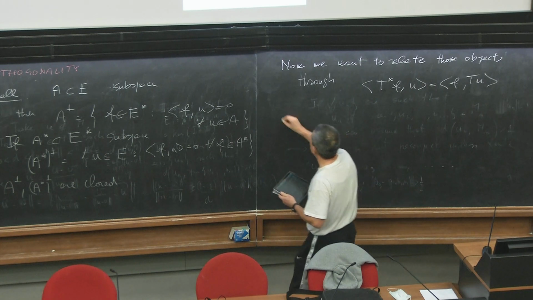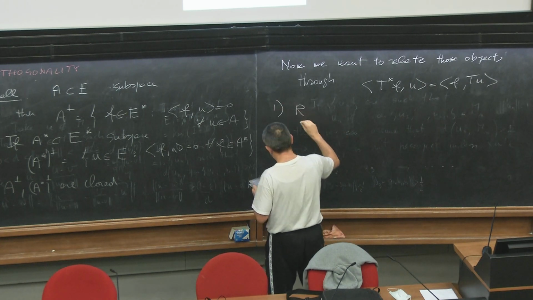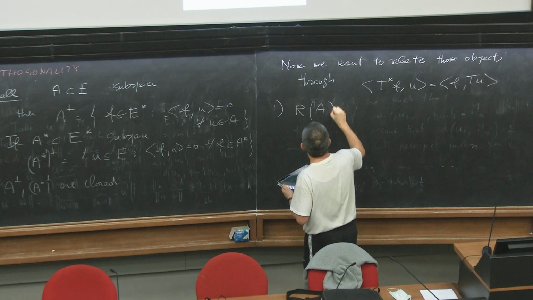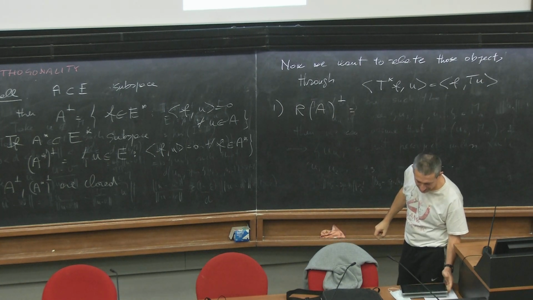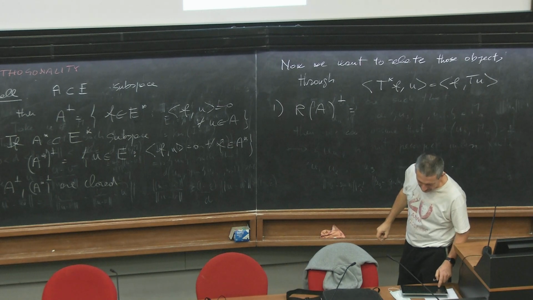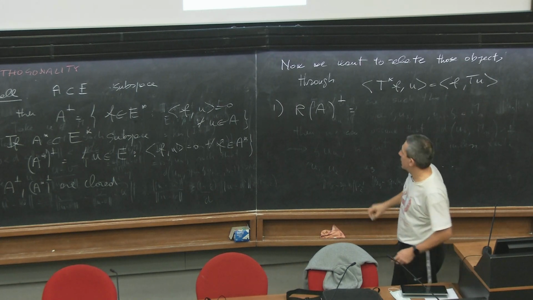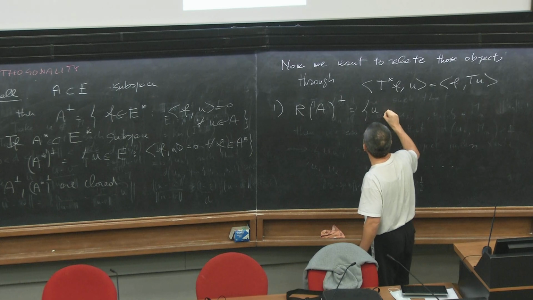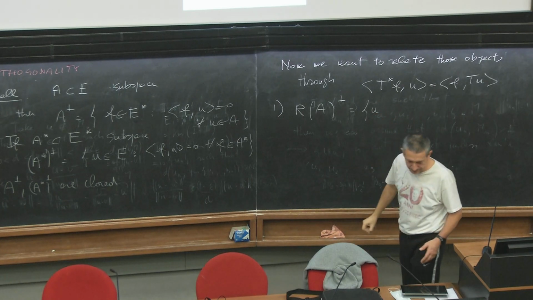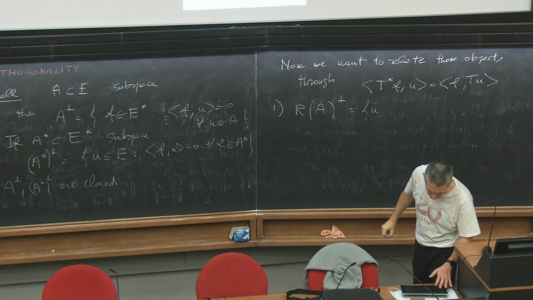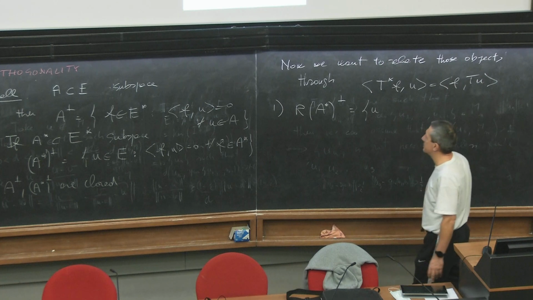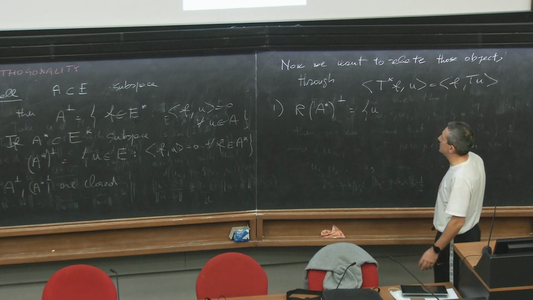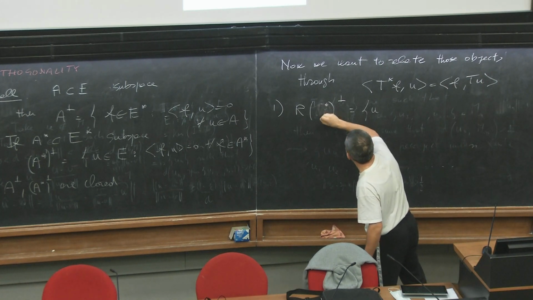Let's compute the orthogonal of the range. So what is the definition? These are the range of T star orthogonal.